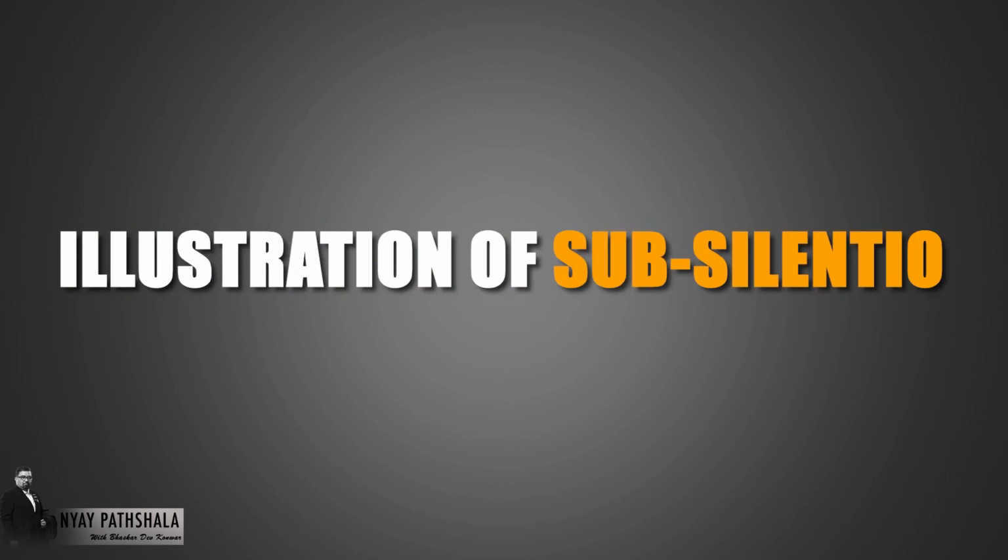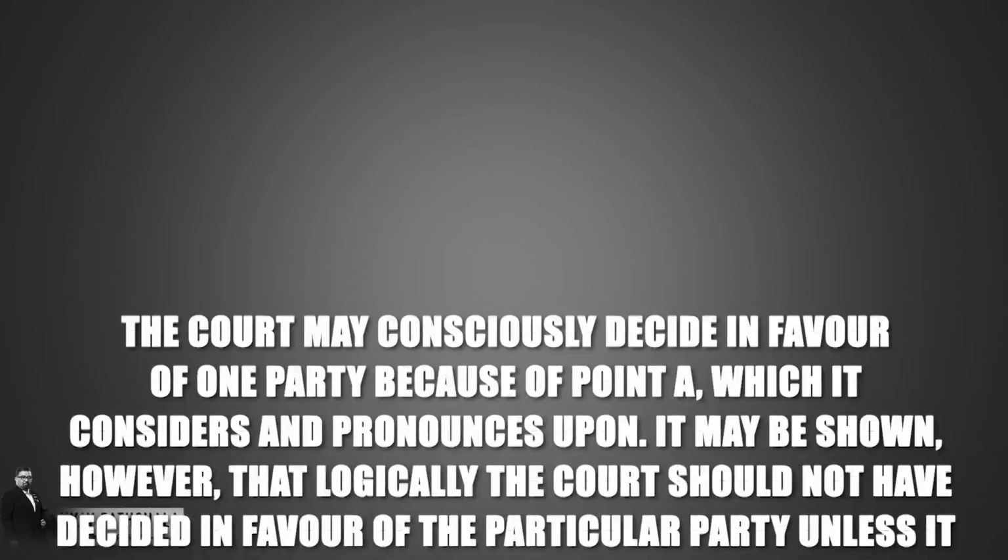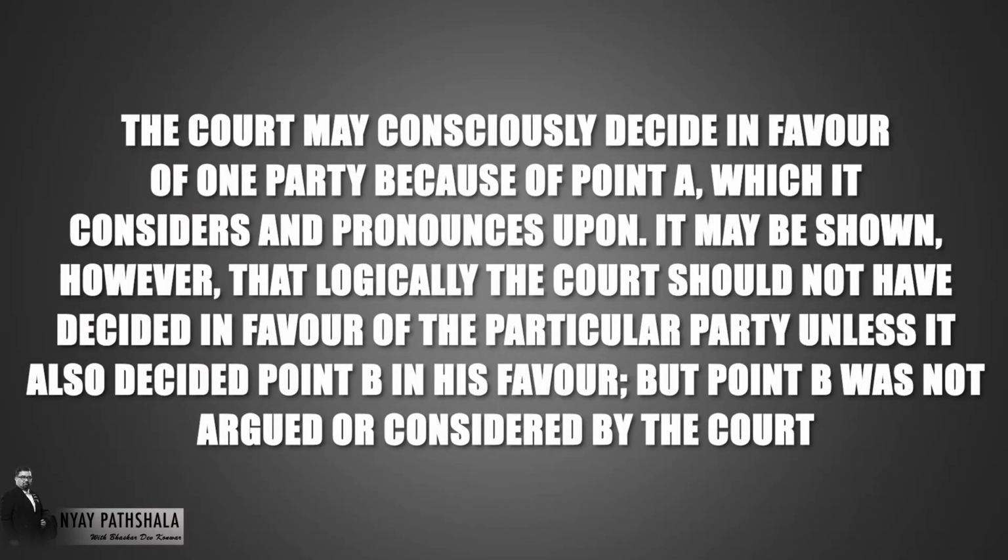We may give an illustration of sub silentio where the court may consciously decide in favor of one party because of point A, say for example, which it considered and pronounces upon. Later on, it may be shown that, however, logically the court should not have decided in favor of the particular party unless it had decided the point number B in his favor.